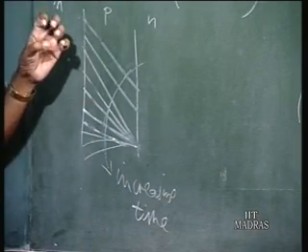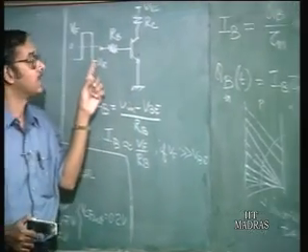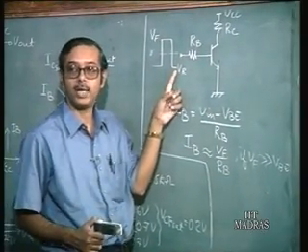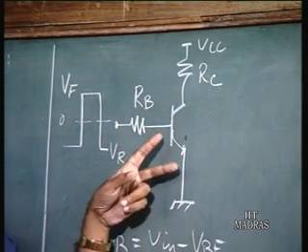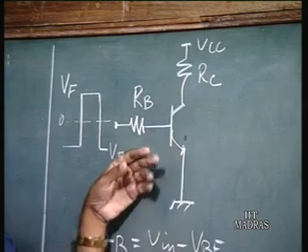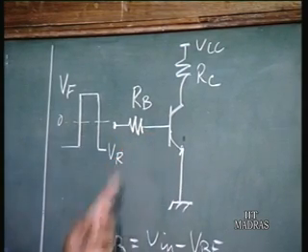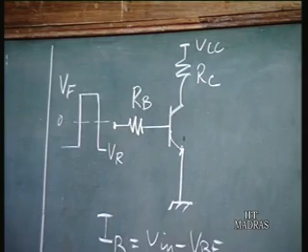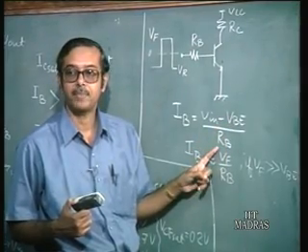So what happens is, although you have applied a reverse voltage here at the input, this voltage for a long time is going to be slightly positive, going down towards 0. So if you go back to this relation now, IB is equal to V in minus VB by RB.